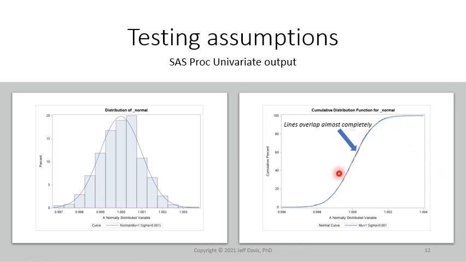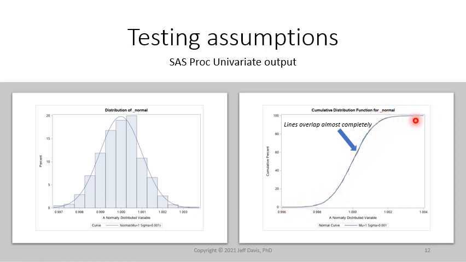What you have going on over here is that the lines overlap almost completely. When you have that case, this is visual confirmation that your data looks very much like a perfect normal curve. It comes very close to that. It's not perfect, because if that was the case, you would see the line representing the perfect normal curve and the line representing your sample data perfectly overlapped, and you would essentially see just one very smooth line.